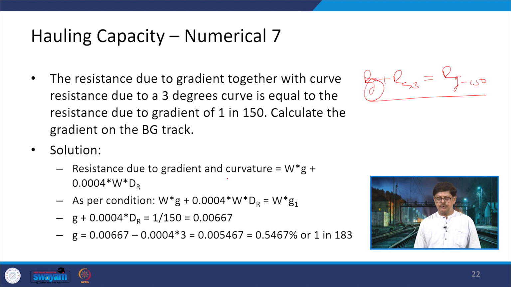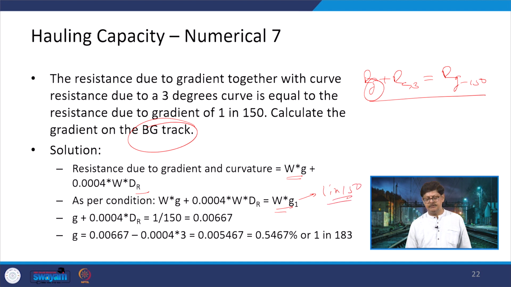The resistance due to gradient and curvature is W into G plus 0.0004 into W into Dr, because it is a broad gauge track. As per the condition, W into G plus 0.0004 into W into Dr is equal to W into G1, where G1 is 1 in 150, which is given here. So we put these values in, and W goes out because it is a common factor.